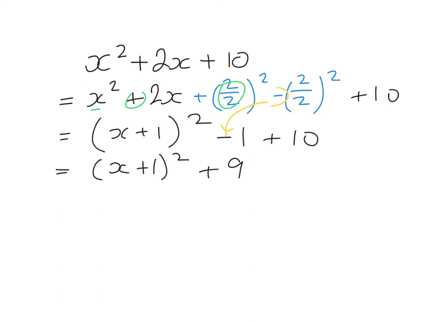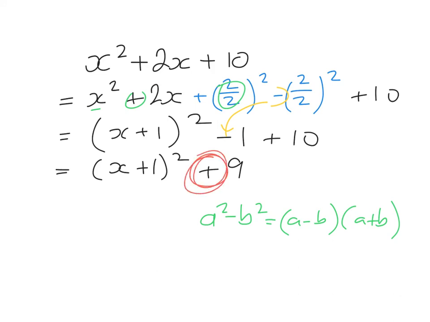Now, a problem that we have here, if you remember our difference of two squares, a squared minus b squared equals a minus b and a plus b. The issue that we have here is that this is a plus, and for the difference of two squares we need to have a takeaway between them.